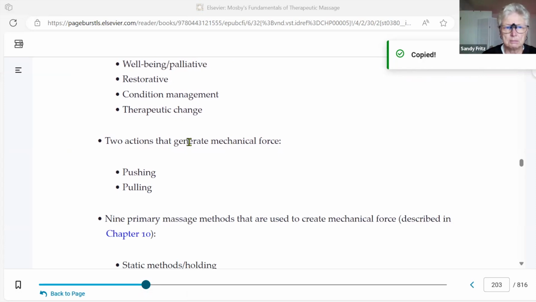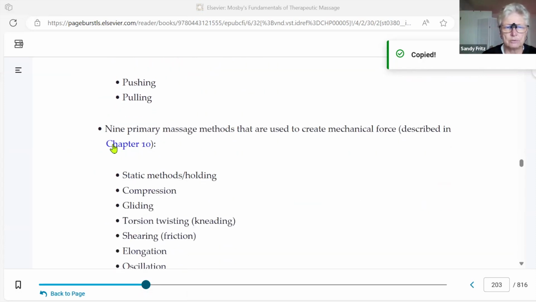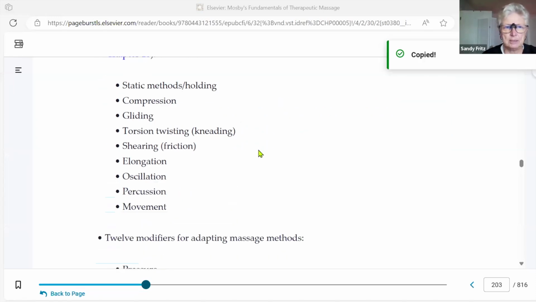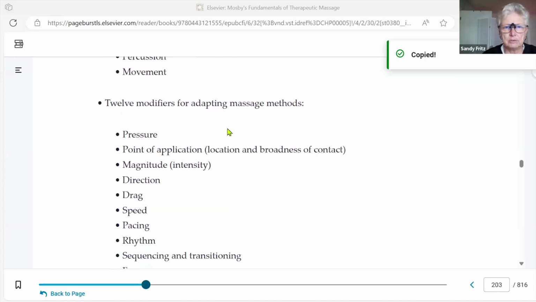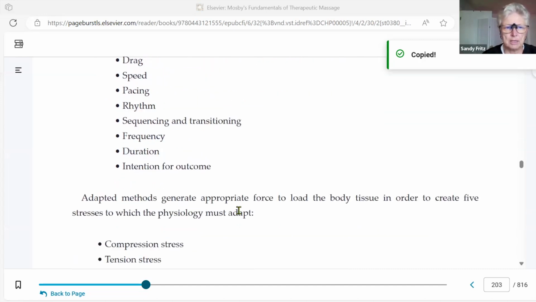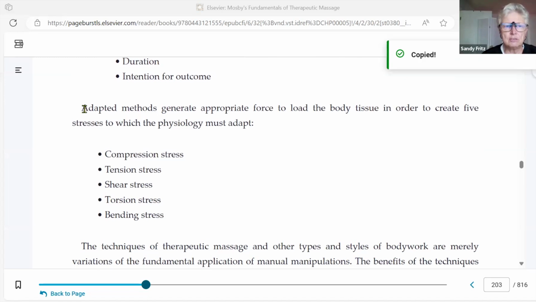This is how we apply a mechanical force. Here are the massage methods used to push and pull. That's chapter 10. You're already learning this language. Here are the 12 modifiers on how we can adapt and make the massage specifically unique to the client for the outcome we're trying to generate. These are the stresses.